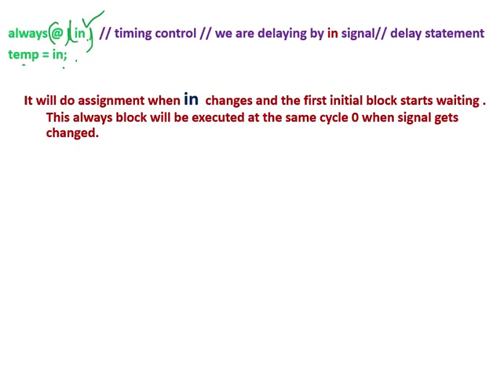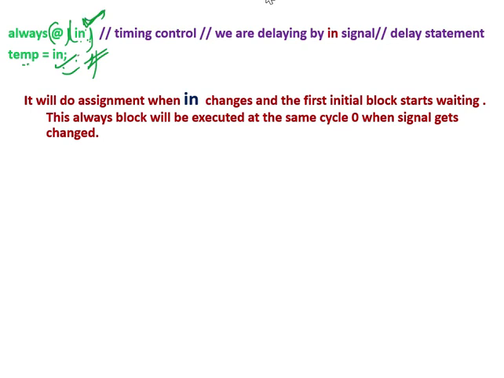Here we are delaying the signal, because the assignment is not done unless and until there is a change in in. It waits for any change in this signal, so it is delaying. So this assignment is being delayed by this in signal. This is clearly a delay statement. So when there is a change in in, that in will be assigned to temp.